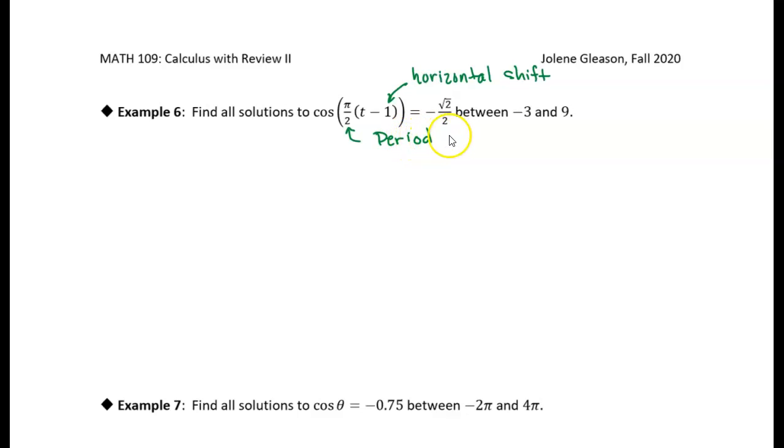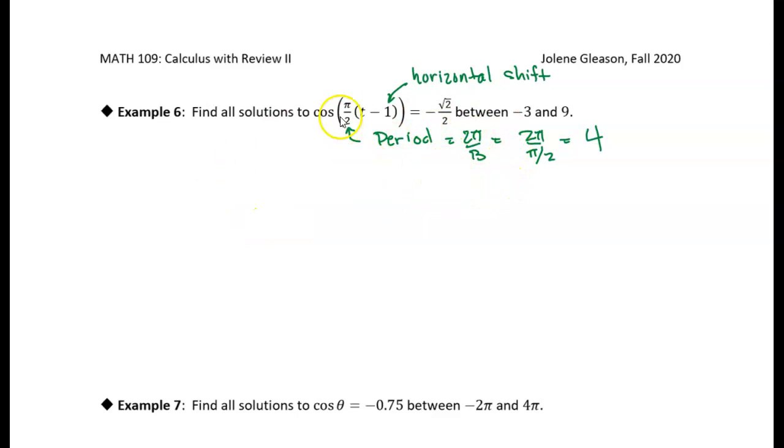The period is equal to 2 pi over b, which in this case b is pi over 2. So I get a period of 4. That's our period, 4. That just gives us an idea of what this equation looks like.